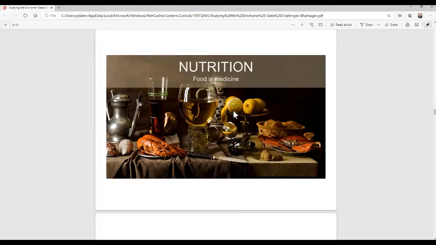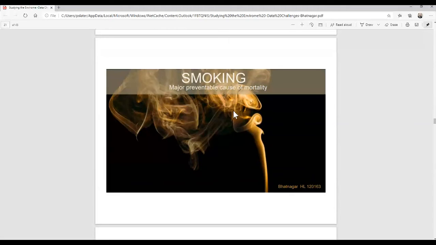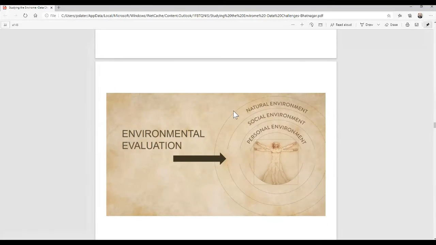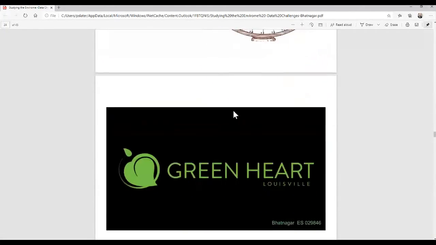The idea is that we would gather a comprehensive data set that describes not only the ecological conditions, but also how the natural environment is affecting the people living in that particular neighborhood.